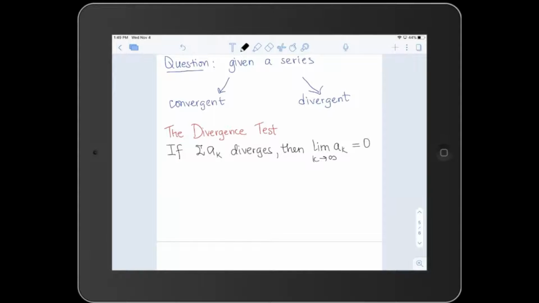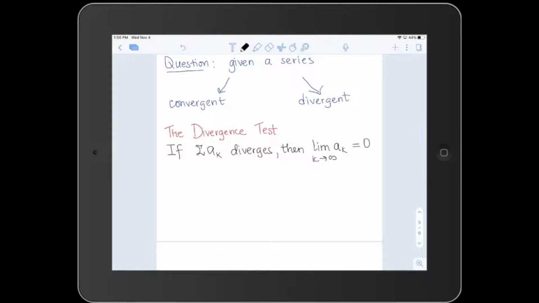Now, this statement says the following. If this series diverges, then the limit is 0. It doesn't say the other way around. What do I mean by that? It doesn't say that if the limit is 0, then the series diverges. That is not true. So this only works one way. If the series diverges, then the limit is 0.